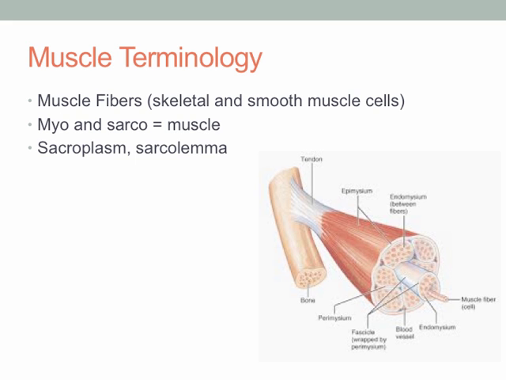Okay, so before we really dive in, you guys need to learn a little bit of terminology. The first thing is what a muscle fiber is. The word fiber in this case is a synonym for a skeletal or a smooth muscle cell. So there are skeletal muscle fibers and smooth muscle fibers.